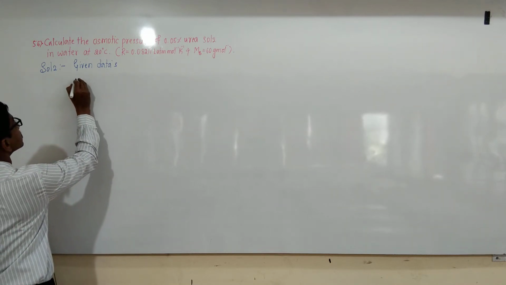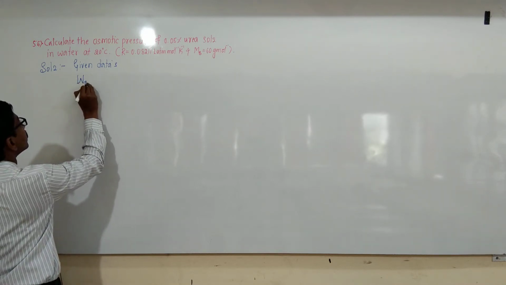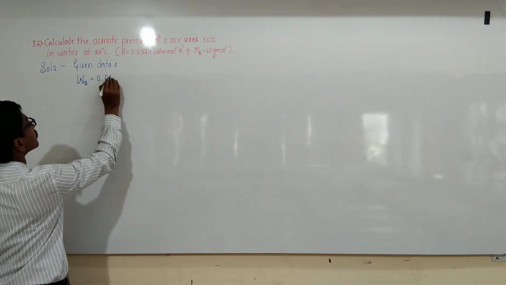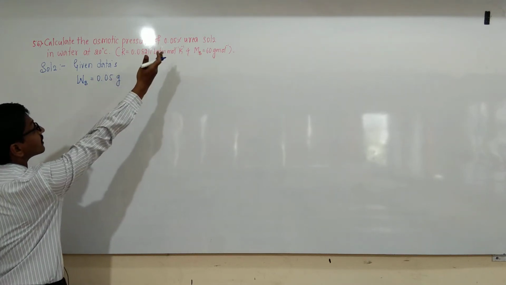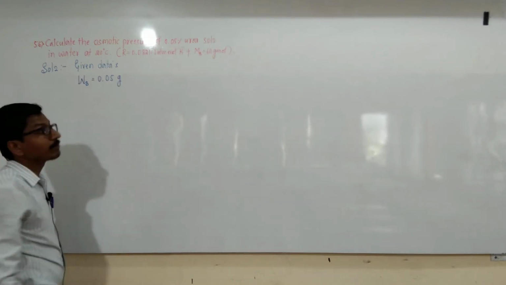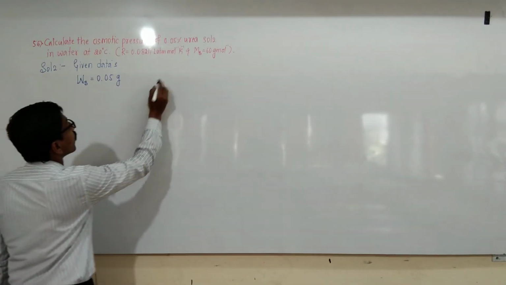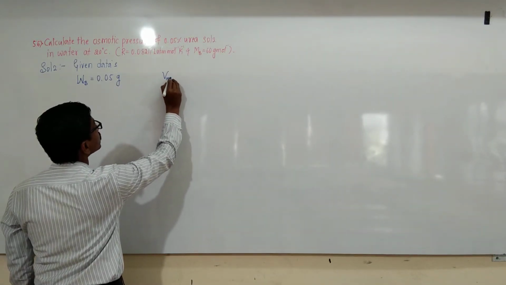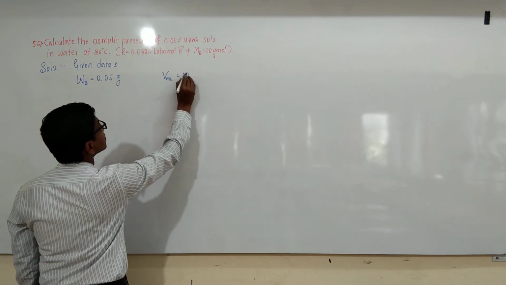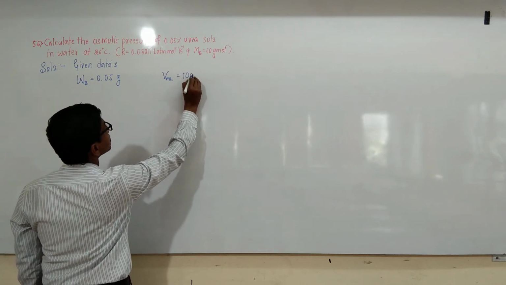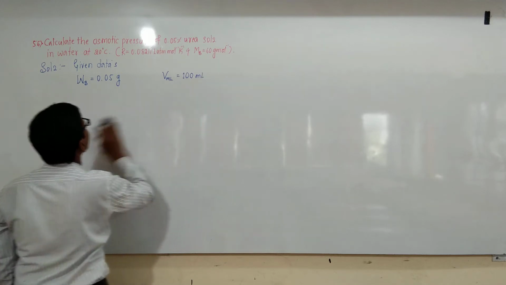Given data, WB is nothing but 0.05 gram. That is nothing but in statement only 0.05% urea solution in water. And the volume of the solution is, this is mass by volume percentage, and volume is 100 ml.